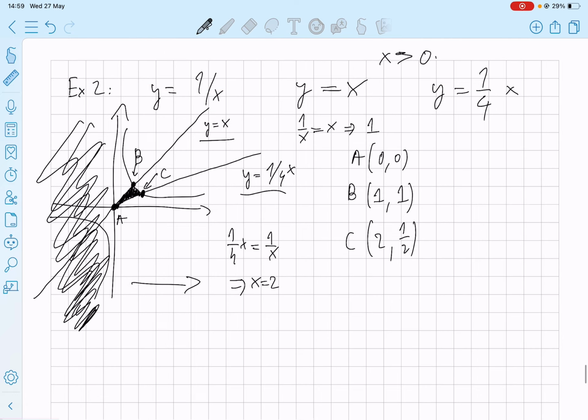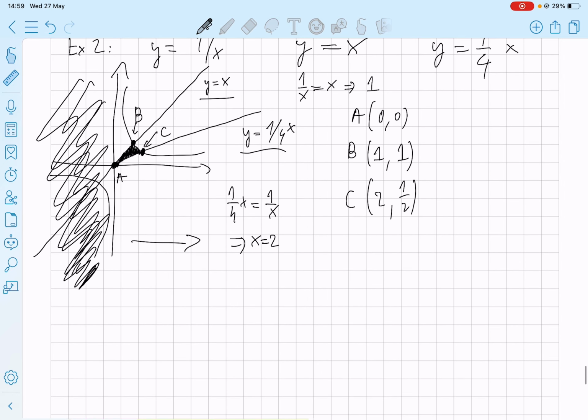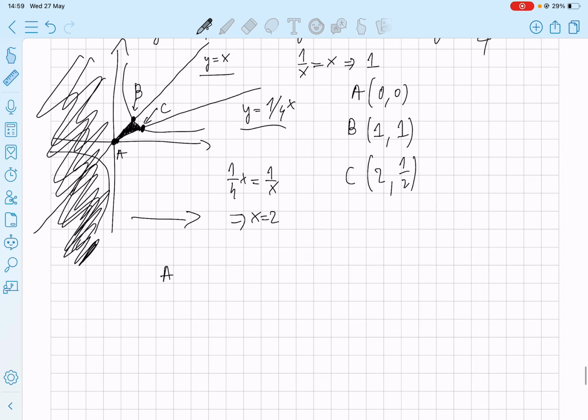So now the area will be equal to, as I said, you have to separate this region into two smaller areas. This will split right here.